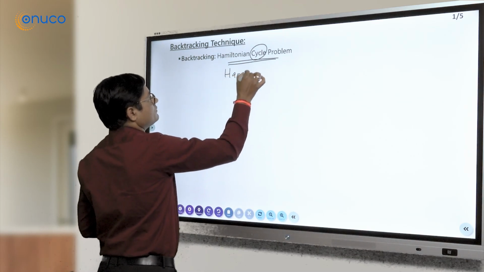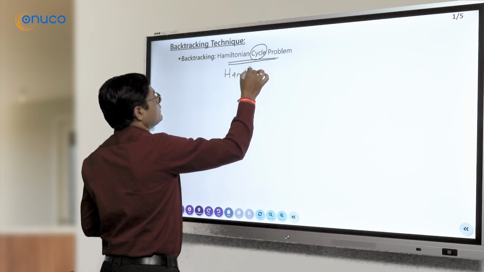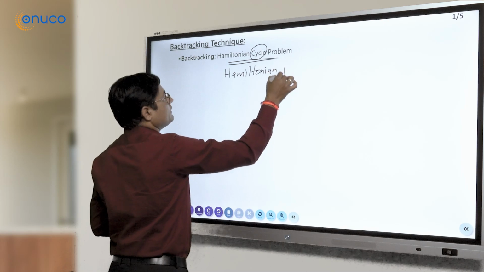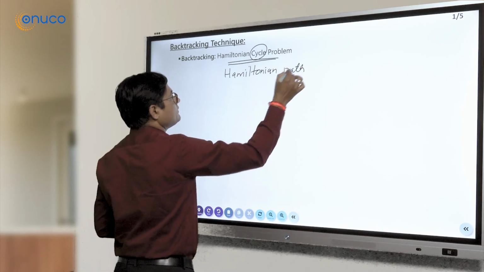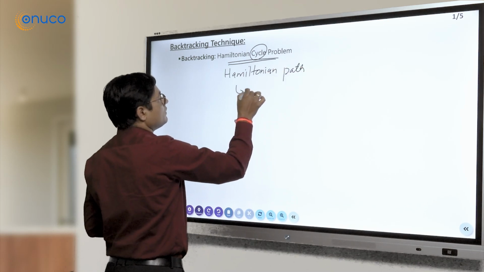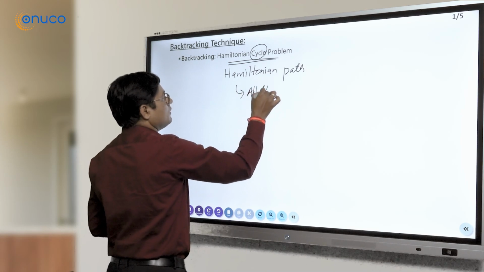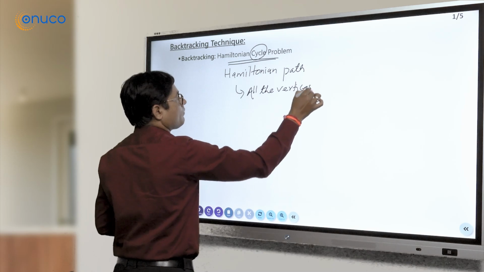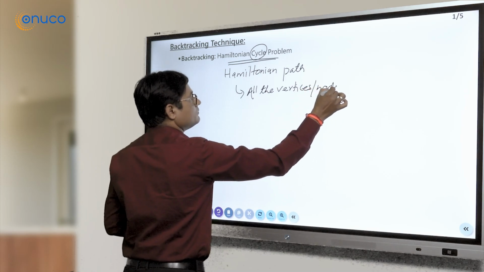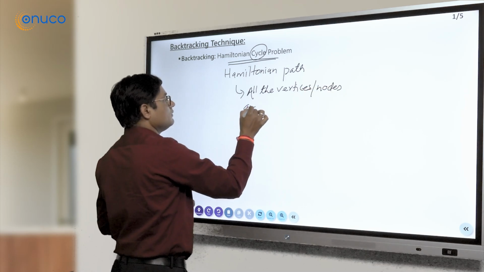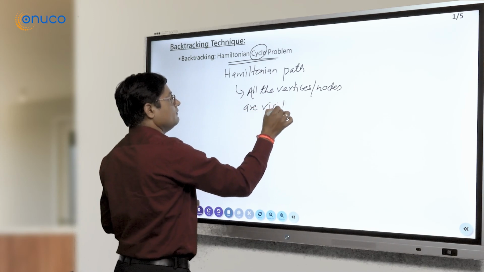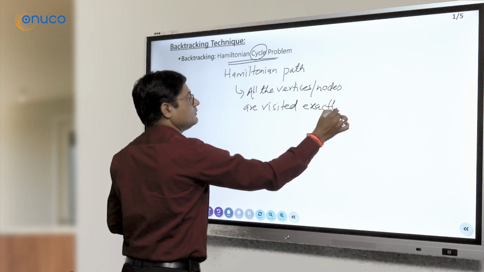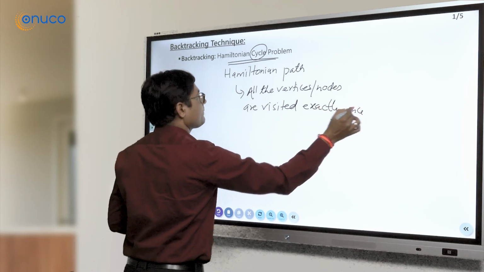So I think all of you understood what a Hamiltonian path is. Here we are talking about all the vertices or nodes being visited exactly once.